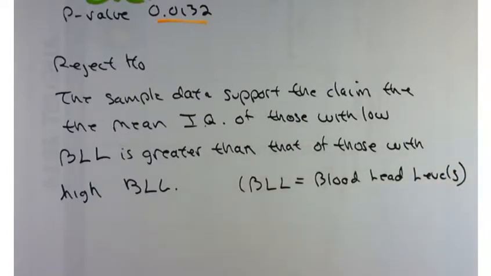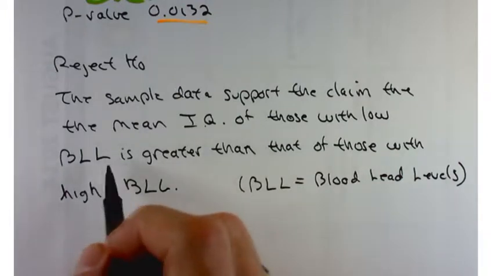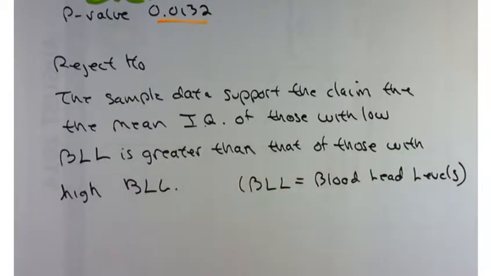Okay, so you should have something to the effect that the sample data support the claim that the mean IQ of those with low blood lead levels is greater than that of those with high blood lead levels.